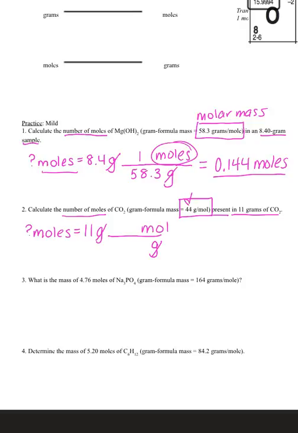I know from this conversion factor, there are 44 grams in every 1 mole. Okay, we need moles, got moles. Everything on the top gets multiplied, everything on the bottom divided. 11 times 1 is 11, and 11 divided by 44, the answer is 0.25 moles.